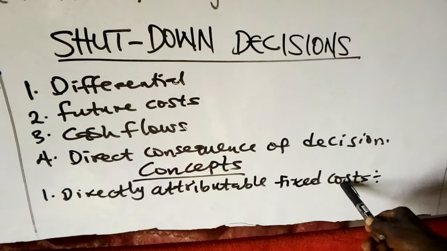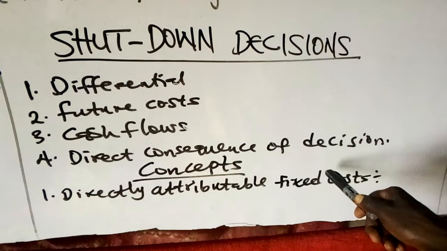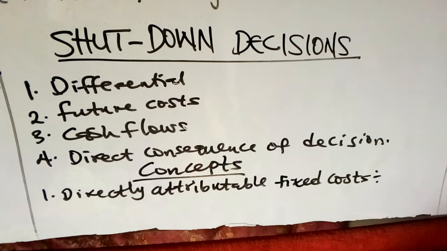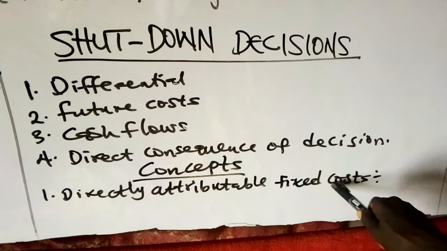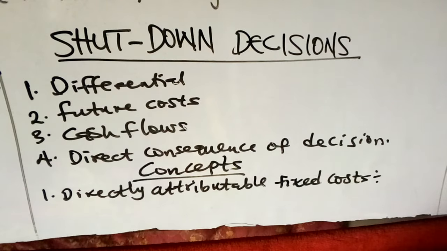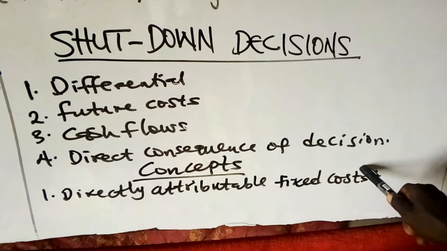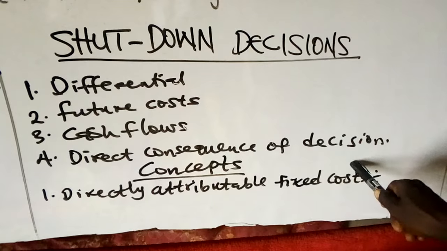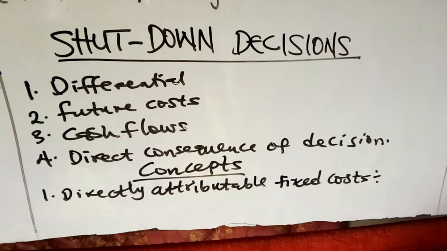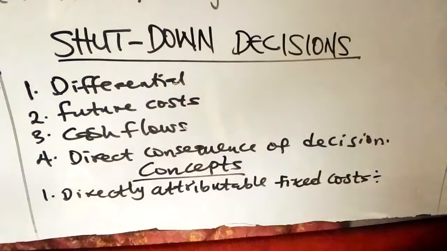They are the fixed costs that are specifically related to the project. These costs can be saved where the project is not to be undertaken. Where the project is not to be carried out, the cost can be saved.